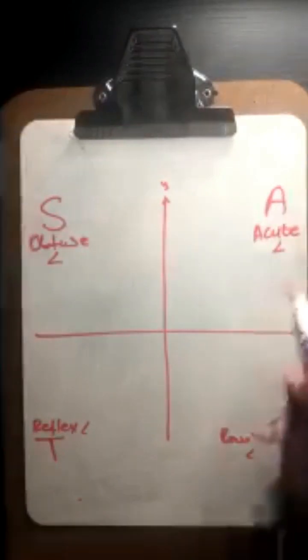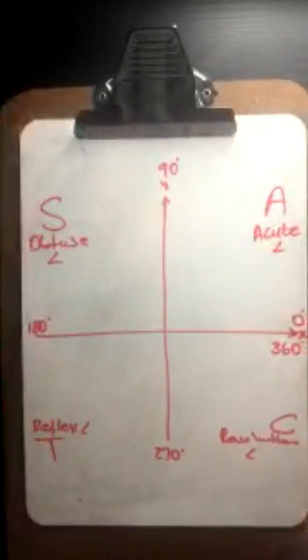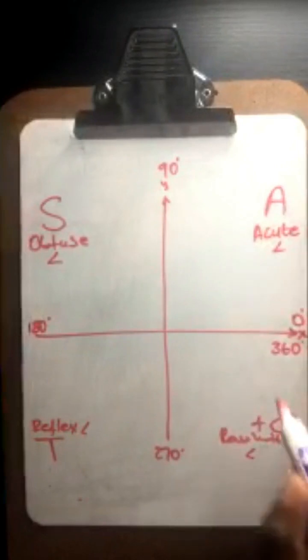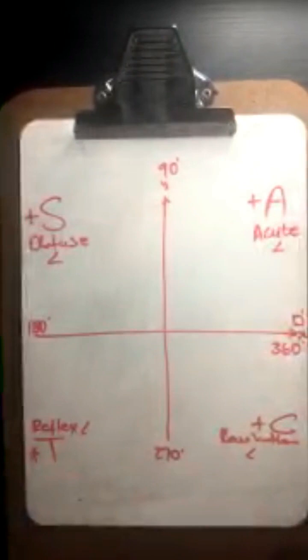So that means here we have angles 0, 90 degrees, 180 degrees, 270 degrees, 360 degrees. Where we say cos is positive in this quadrant, all of the trig ratios are positive in the first quadrant, sine is positive there, tan is positive in that quadrant.